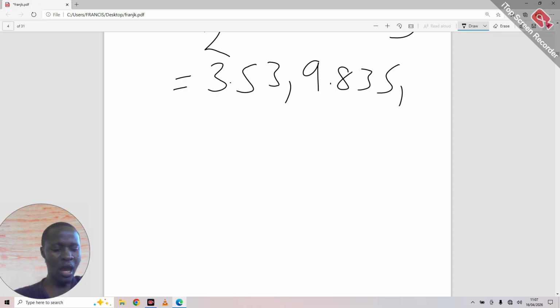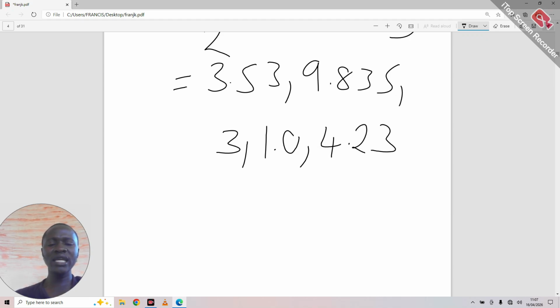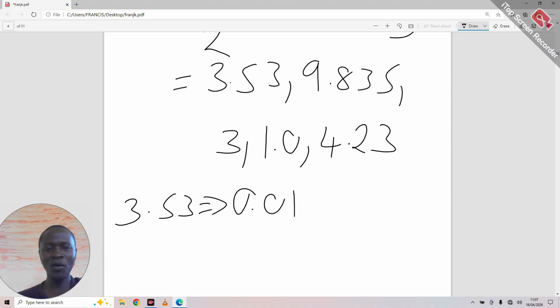9.835. I'll use 3 and 1.0 together with 4.23. Now let me use these examples. So in the case of 3.53, what is the accuracy? We've seen there that the accuracy in 3.53 is 0.01.